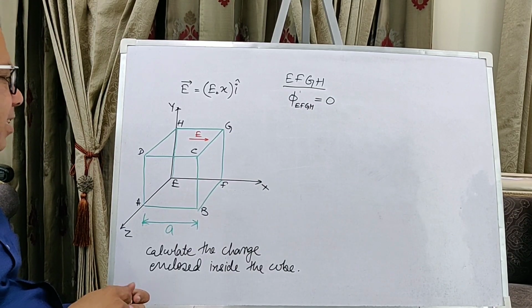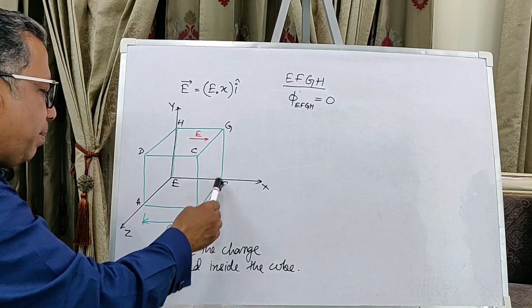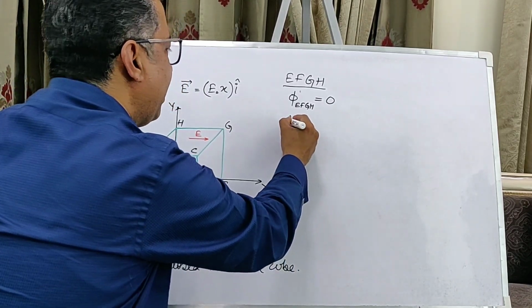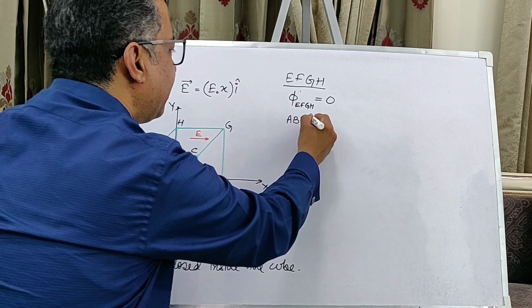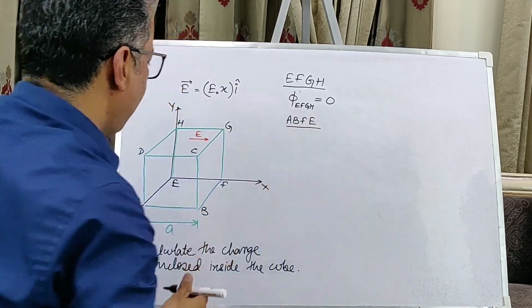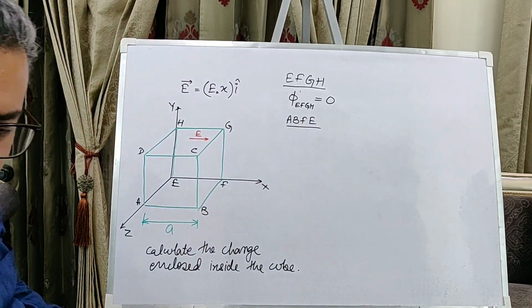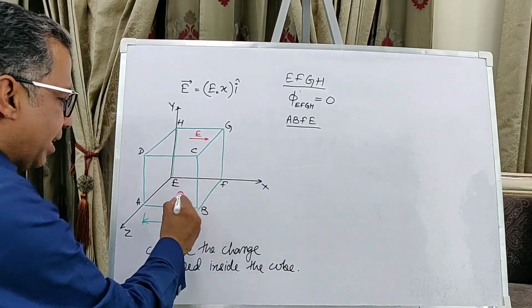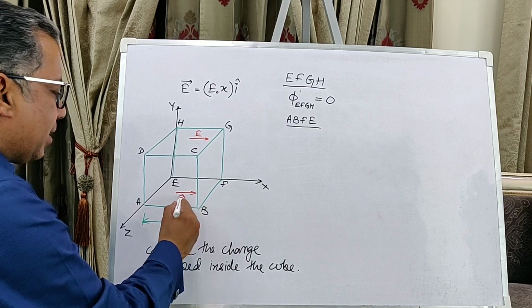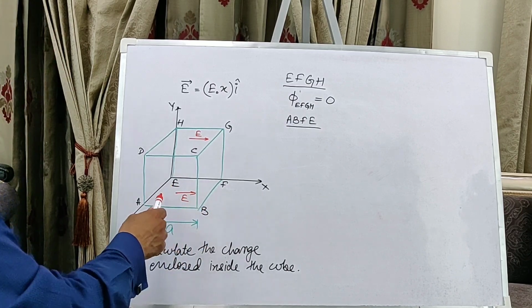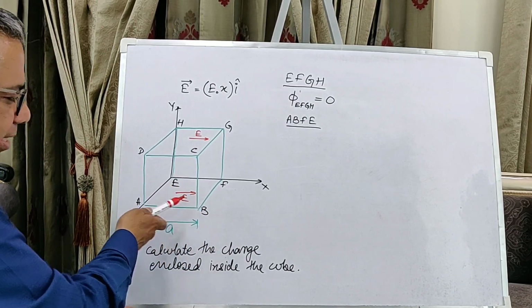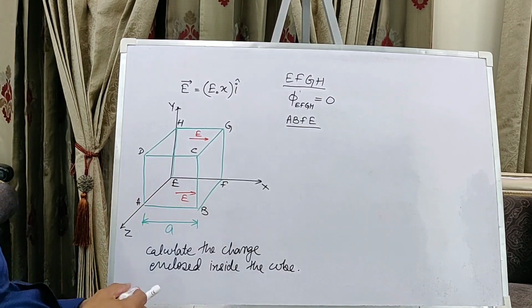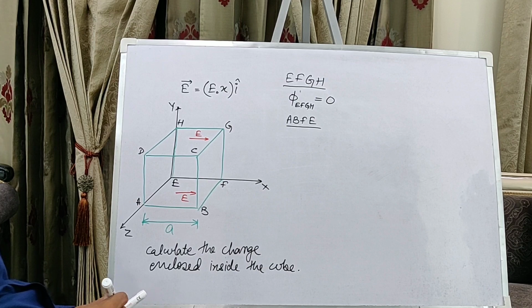Let's now move on to the next face, and the next face is ABFE. Looking at ABFE, the electric field is again along the x-axis direction, and you will again notice that the electric field is tangential to ABFE.